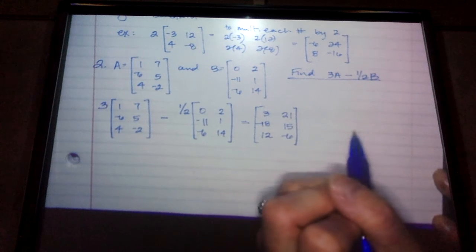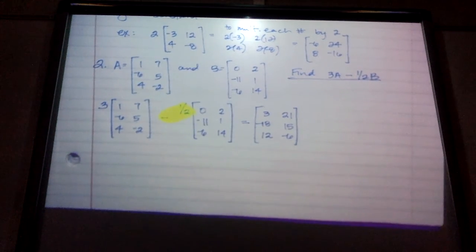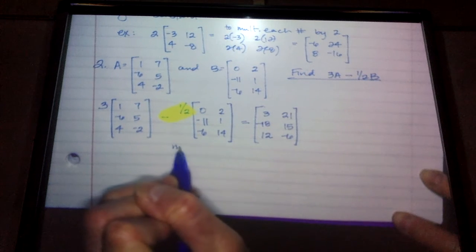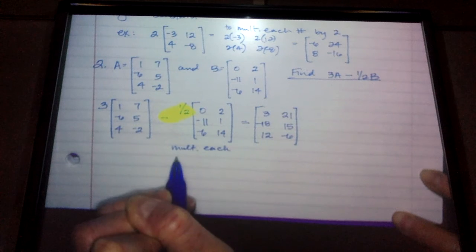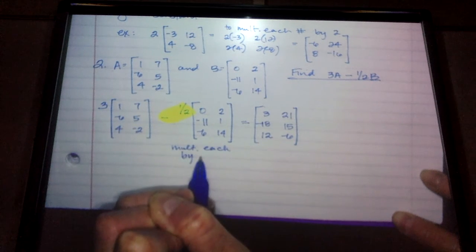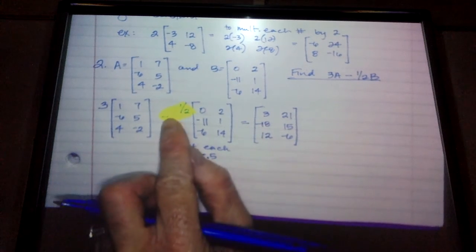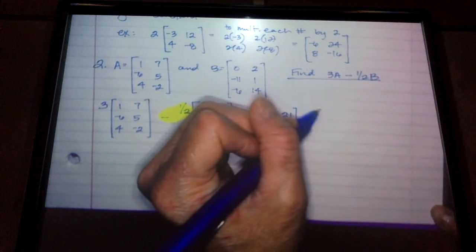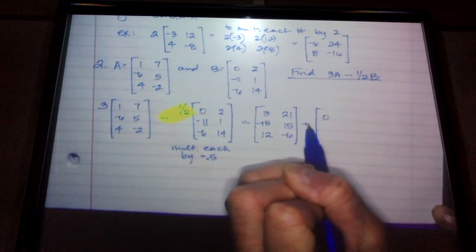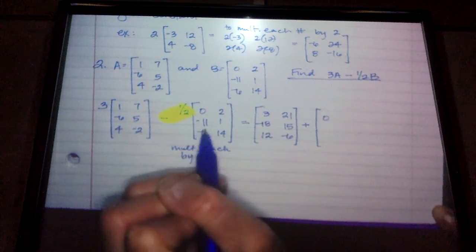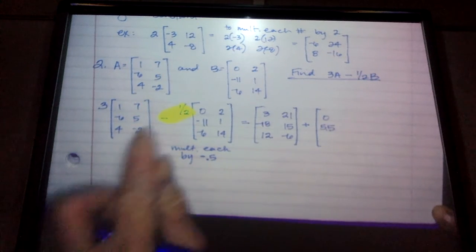Now, for the next one, this is a negative 1/2, so I am multiplying each by a negative 0.5. Okay? So negative 1/2 times 0 is just 0. However, negative 1/2 times negative 11 is a positive 5.5, a negative times a negative.